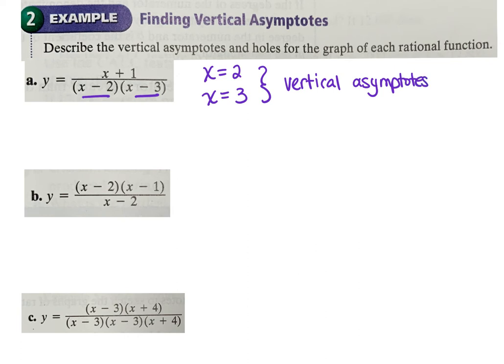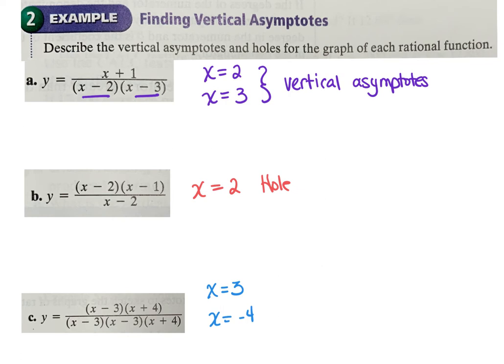All right, let's look at the next one. Where's my discontinuity going to happen at? 2. What type is it? It's a hole. All right, let's look at the third one. Discontinuities, where do they happen? At x equals 3 and x equals -4. What are they?